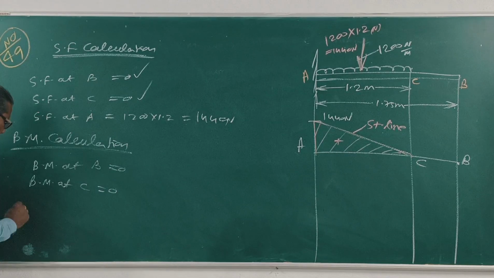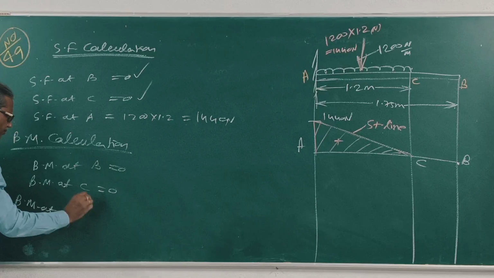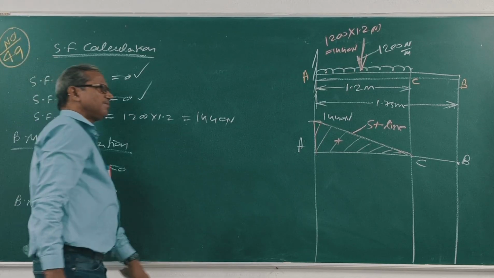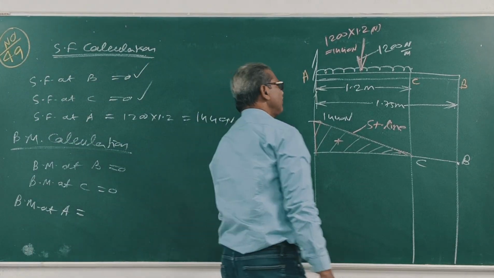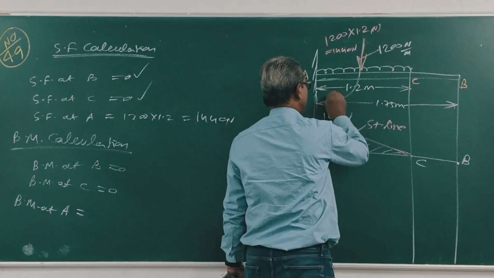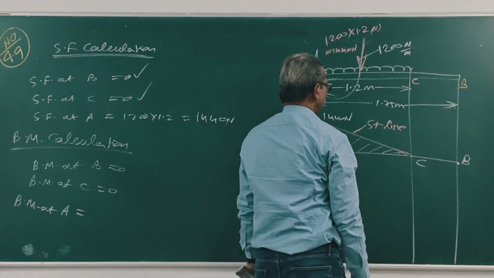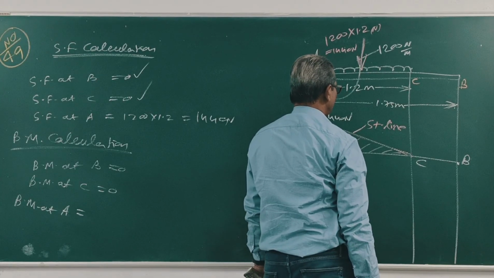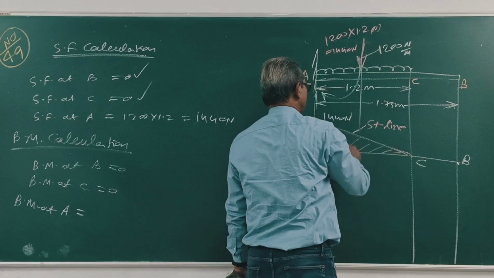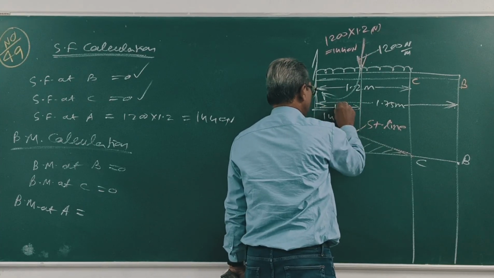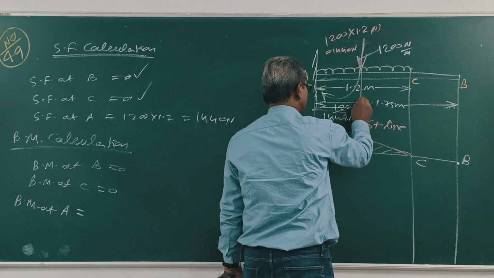At A, it is 1200 into 1.2, or 1440, into 1.2 by 2. This is 1.2 by 2, 0.6 meter.